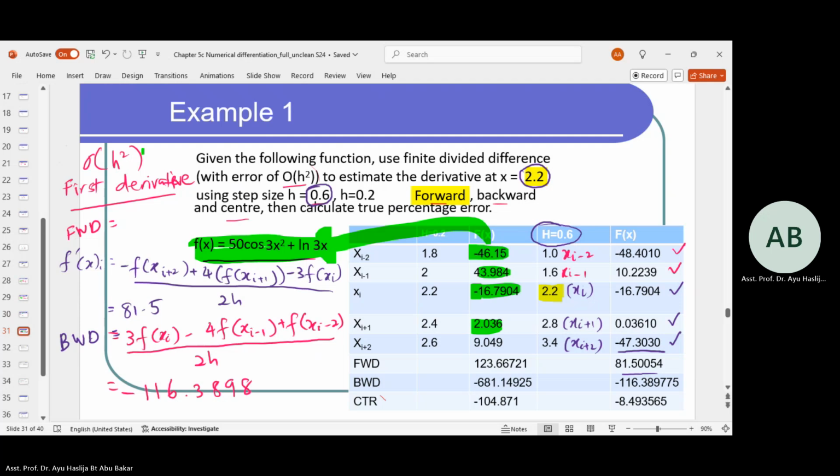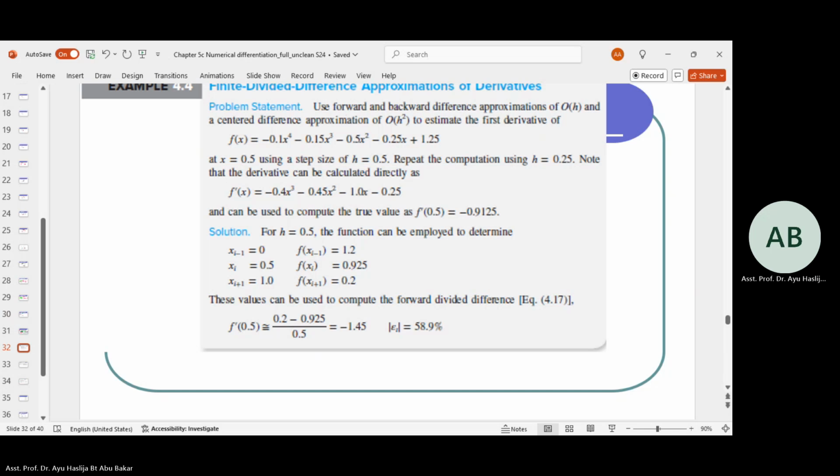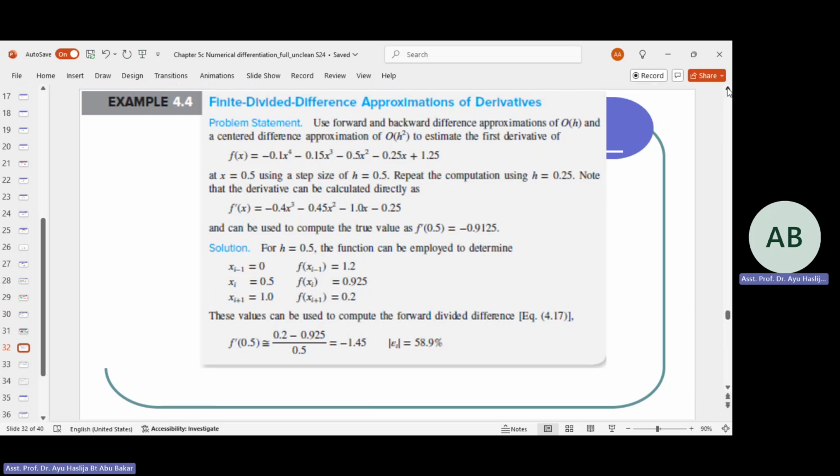Okay. Any question? Now this is an example from a textbook. Sorry, it uses a different equation from the previous example.